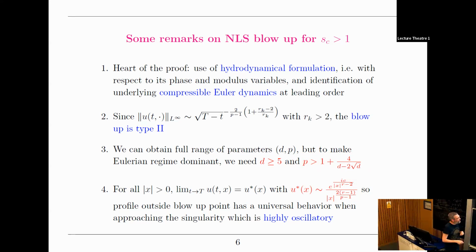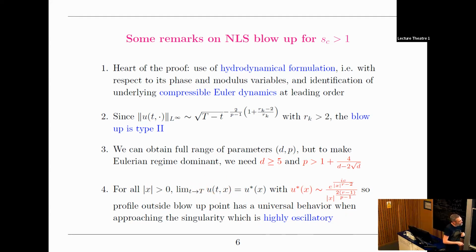Finally, Igor discussed the highly oscillating nature of the solution. So let me show you a little bit what this highly oscillating nature is. Let's fix x outside of the origin. So I'm fixing an x different from 0, in other words, I'm outside of the blow-up point, and I want to look at the limit as t goes to the blow-up time of my solution u.